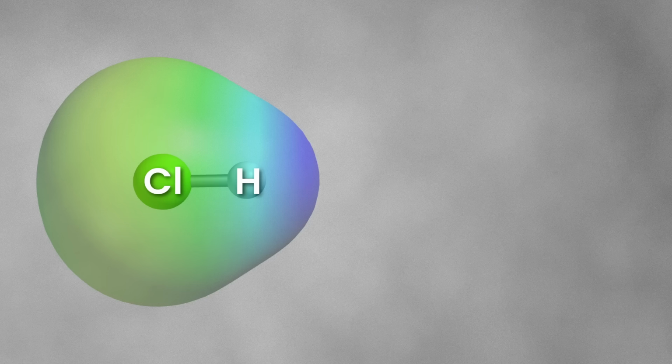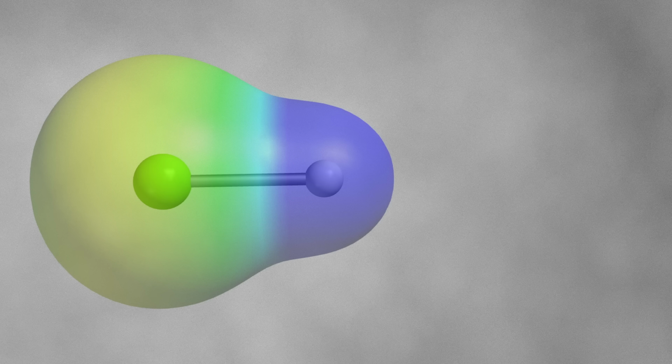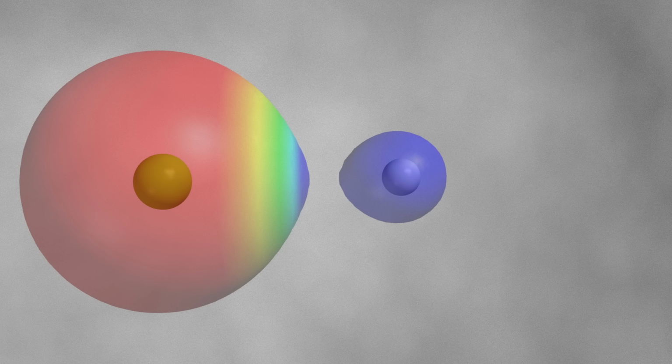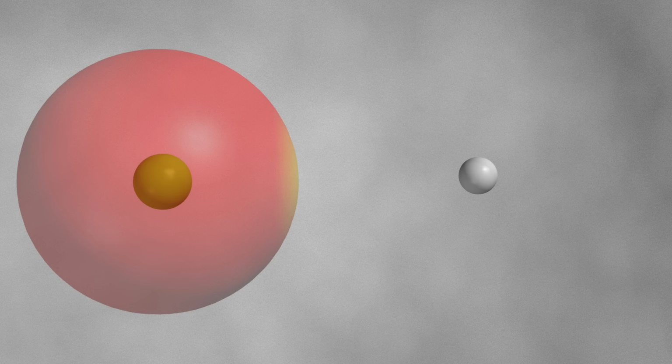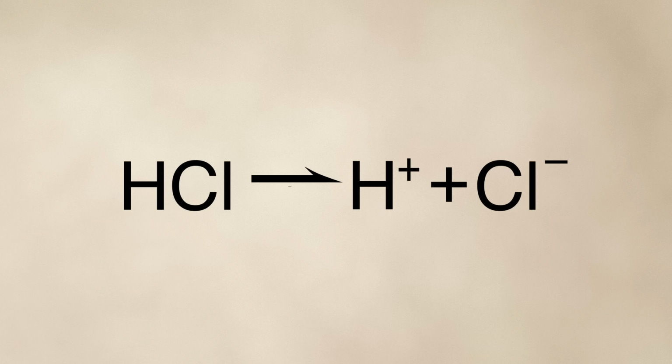Okay, so now we can understand the difference between strong and weak acids. A strong acid dissociates essentially completely in solution to give only protons and the conjugate base. And as far as I can see, the reaction is thermodynamically reversible, but the back reaction is so infrequent we usually forget about it.